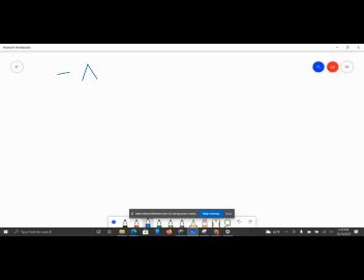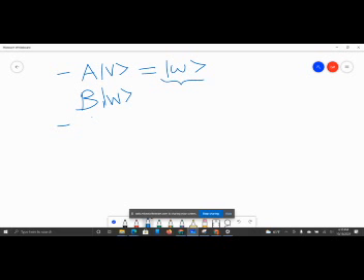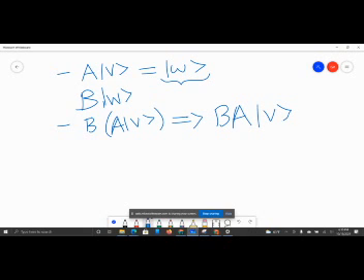If you have an operator A and it's applied to the vector V, this produces another vector, which we could probably then call W. But we could also apply another linear operator B to W, as long as W is in the domain of B. So the way we could write this without actually going to an intermediary state would be B of A of V, and we actually can see that this is nothing but BA applied to V. And this becomes significant when you have a matrix representation.